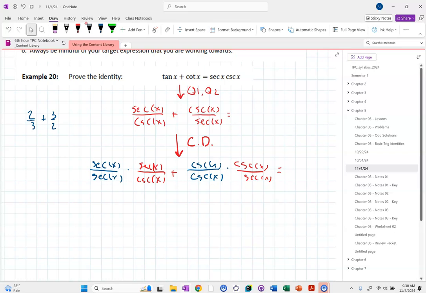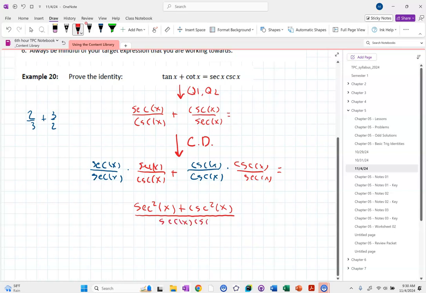Everybody feel okay so far? Okay, so when I multiply the numerators out, I'm going to get secant times secant, so that's secant squared, and cosecant times cosecant, that's cosecant squared, and then my denominator is just going to be secant times cosecant.